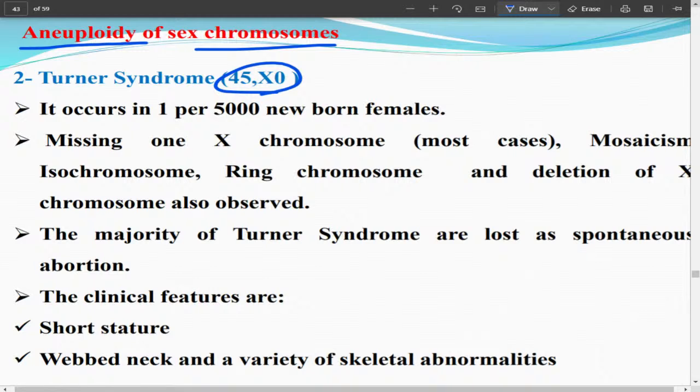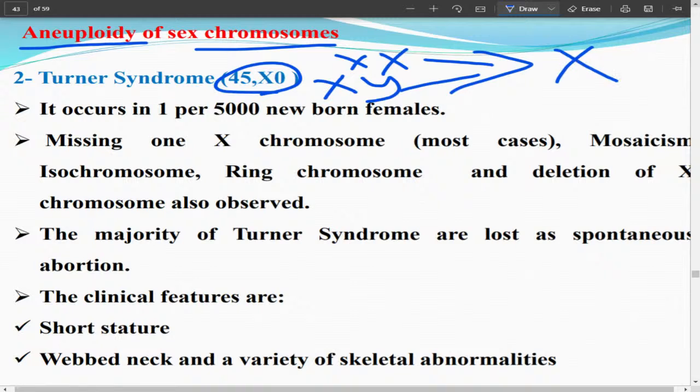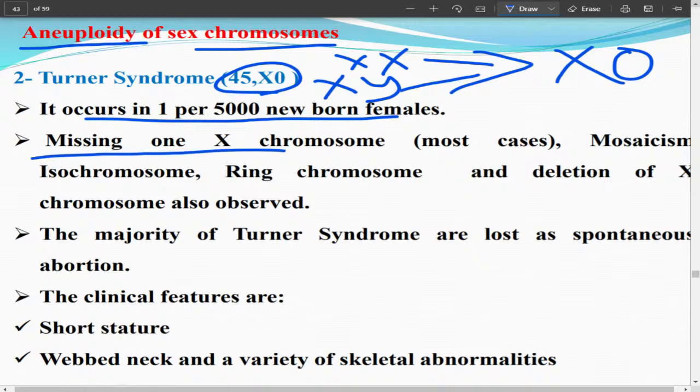That means we are lacking a chromosome, which should be XX or XY, but in this case it is only X0. Turner syndrome occurs in 1 per 5,000 newborn females, missing one X chromosome in most cases.